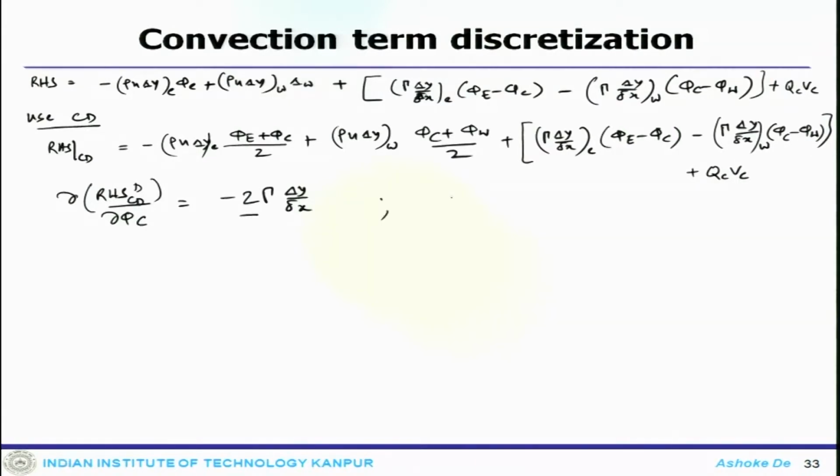Similarly, the right hand side for CD, the convection term, gives minus half of m dot E plus m dot W. For steady flows, this is essentially 0, but not necessarily for the unsteady case.